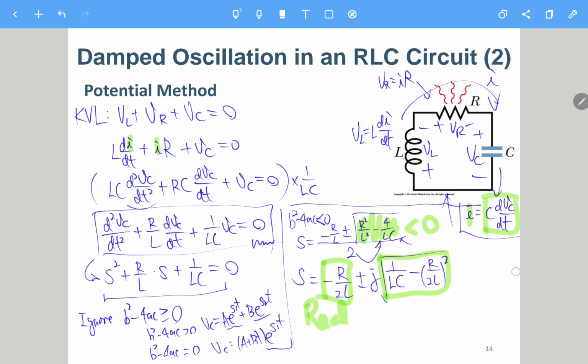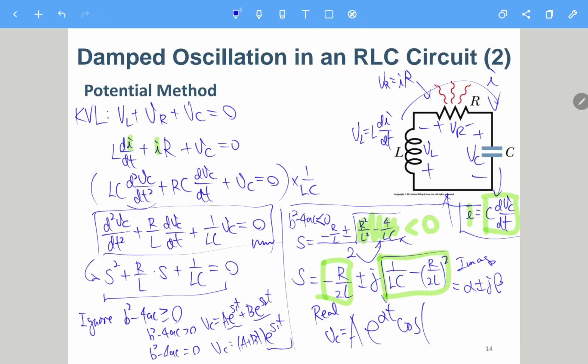Or maybe I just use the pen. This is the real part, this is the imaginary part. Which means that if you write it as alpha plus or minus j beta, the solution will become Vc equals, let's say, A exponential to alpha t, and then cosine of beta t plus j beta t originally.